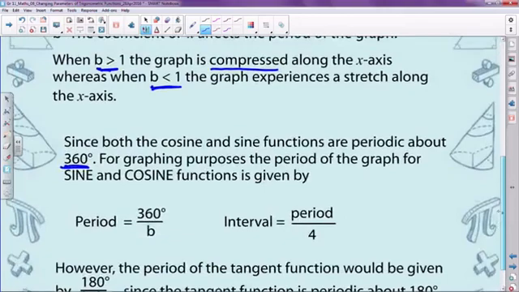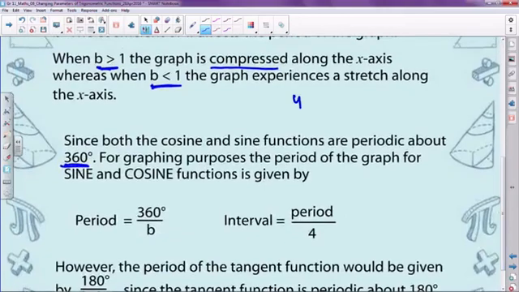Now, if for instance you are given y equals sine of 3x, what do you think the period is going to be here? All right? Well done. This is the b part. This is y equals sine bx.